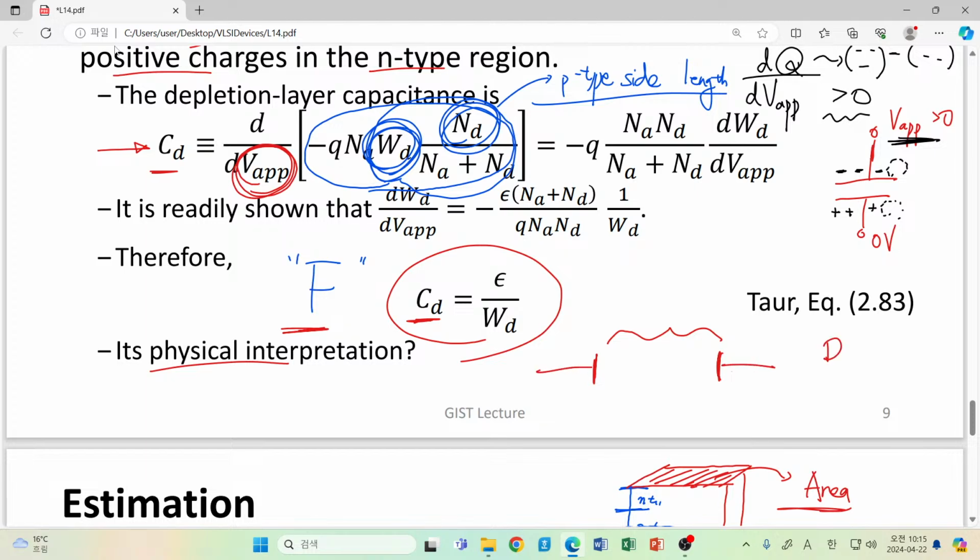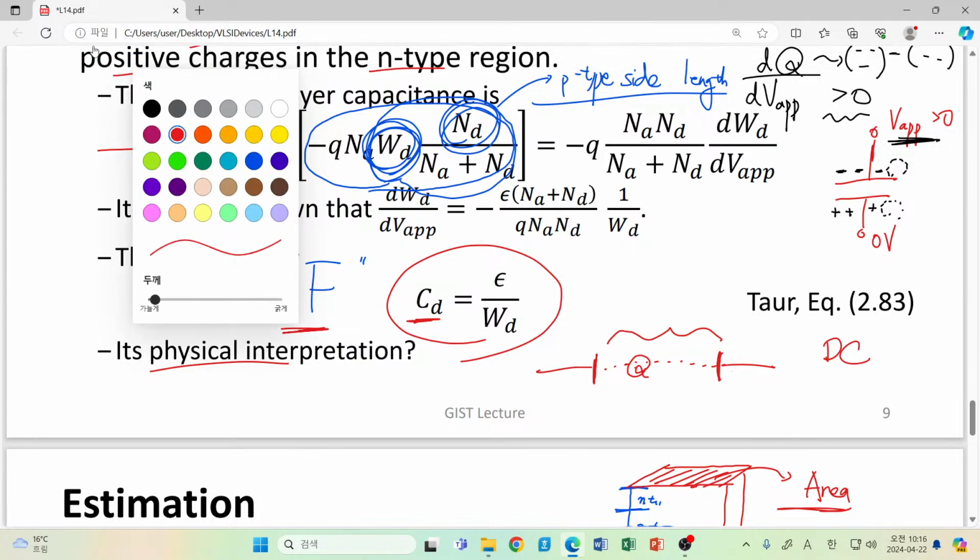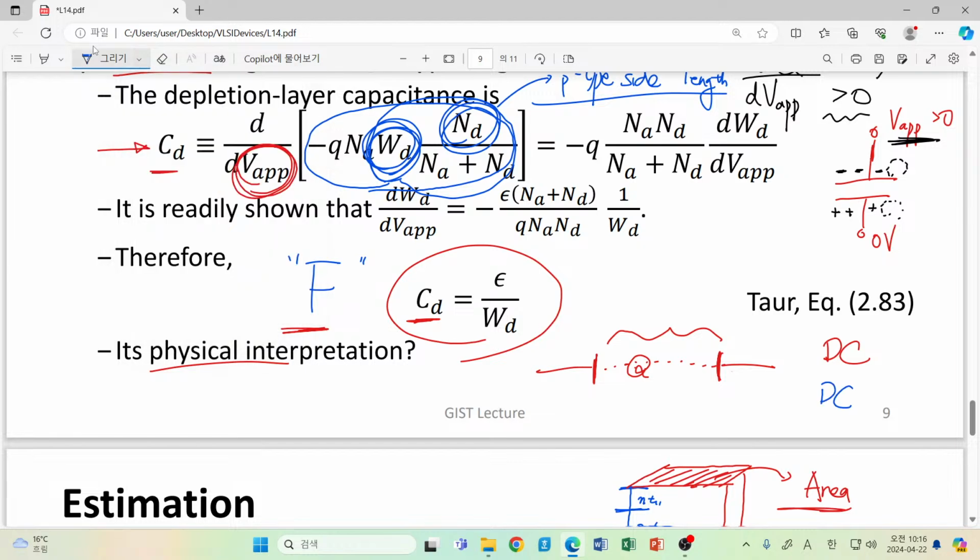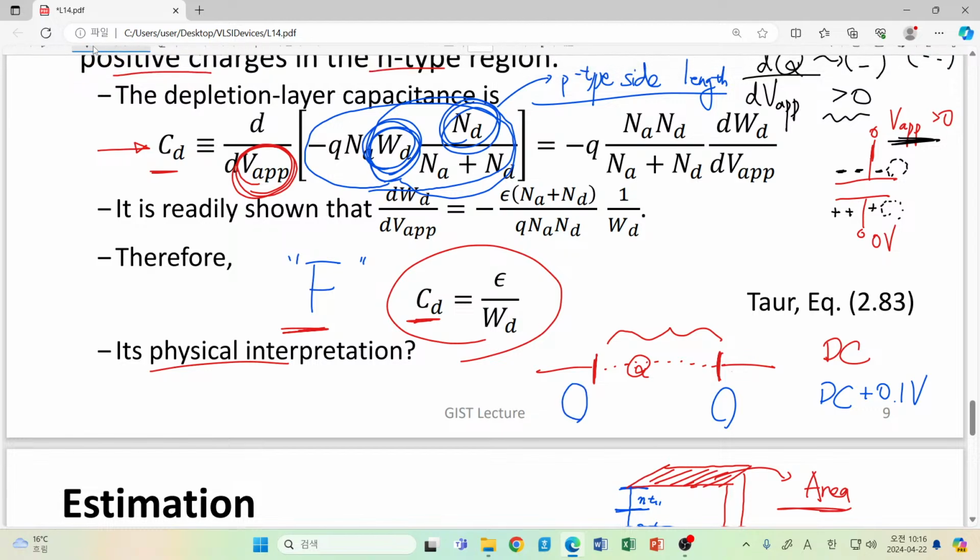Let's say that this is our DC voltage right now. But one thing we can say certainly is, if we apply DC voltage plus 0.1 volt, and we have to collect more positive charges here and more negative charges here, then that positive or negative charge will be found at this point.